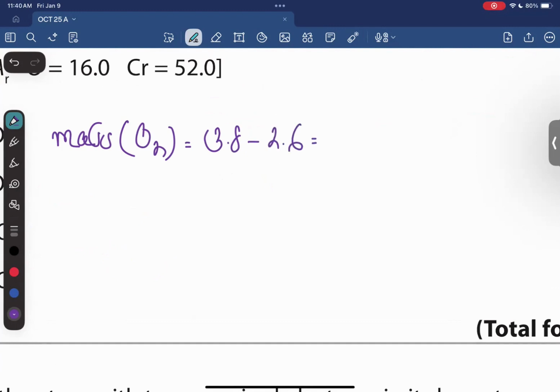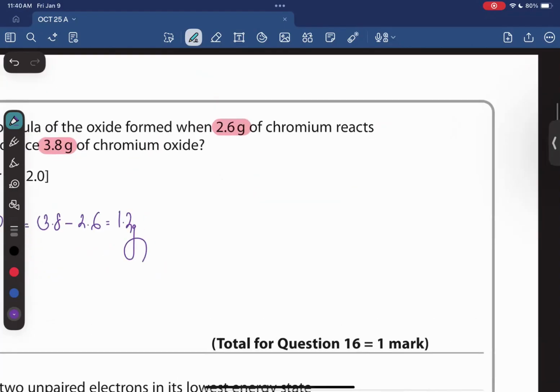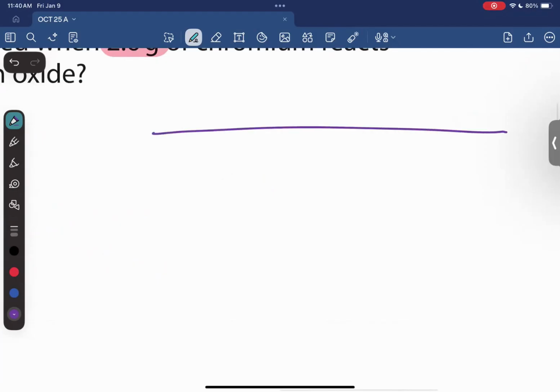This should be giving you a value of 1.2 grams. Okay. Now you have it, right? Now what you're going to do is construct the table and figure out the molar ratio and so on.